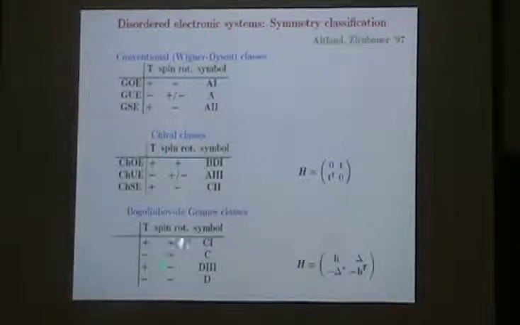There are 2 more groups of classes that have some particle-hole symmetry. These are chiral classes where Hamiltonians have this structure, or the Bogoliubov-de Gennes classes where Hamiltonians have this structure, and this is characteristic for disordered superconductors.